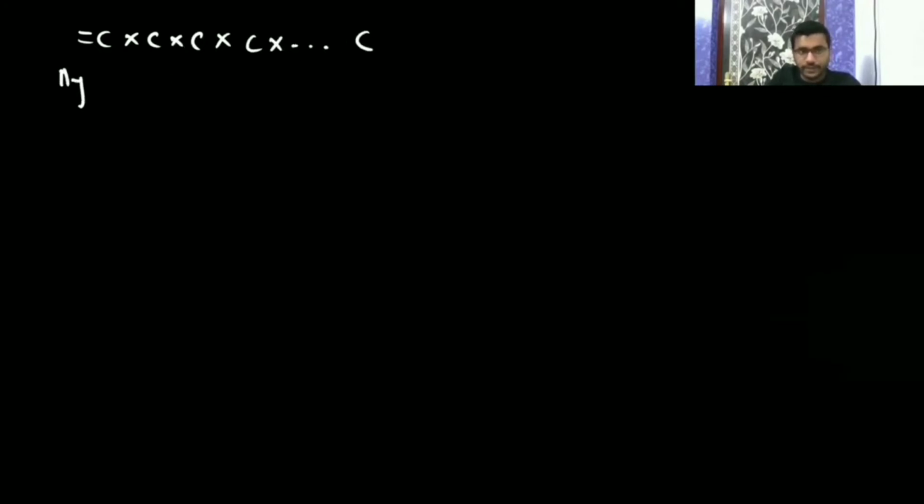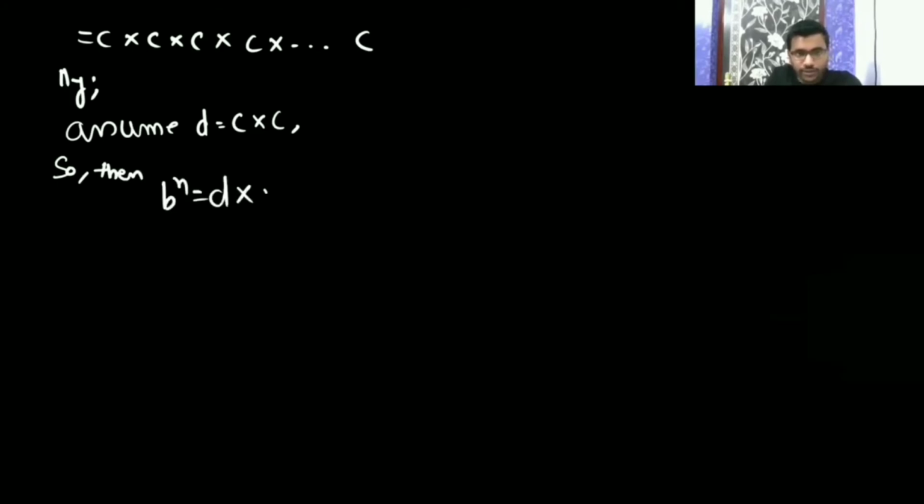Now similarly assume d equals c into c. Then b to the power n is going to be d into d into d, like this it will go on.